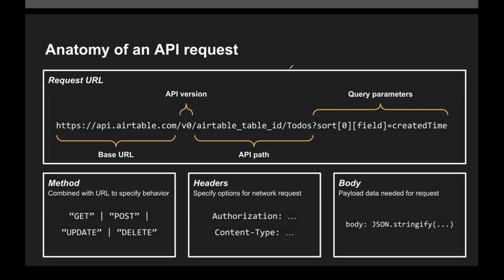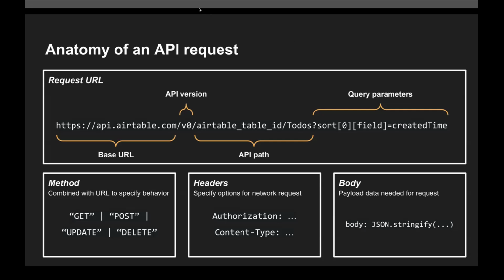For example, should it expect a JSON object? Should it expect an image data file or some other media? That's an indication to the API of what it should expect from the payload. There are a bunch of other headers out there, but these are the two most important ones to be familiar with at this point.